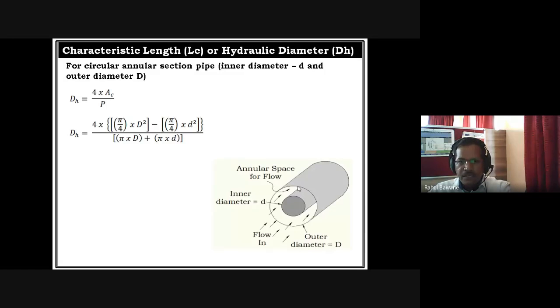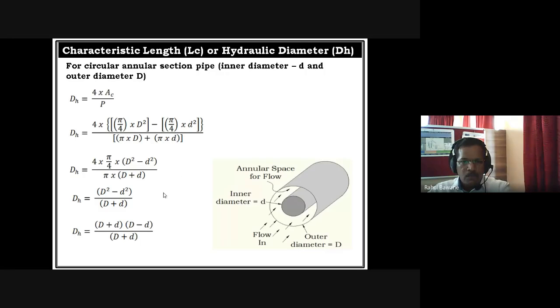So what is the wetted perimeter? The flow touches the inner surface of the bigger diameter pipe, so pi capital D. It also touches the outer surface of the smaller diameter pipe, so pi small d. The wetted perimeter is the addition of these two: pi D plus pi d.